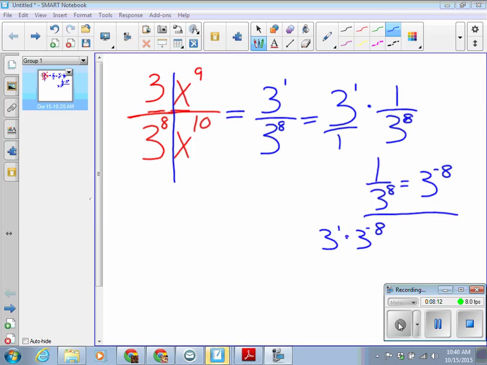And now I'm just multiplying. And we know when we multiply, we add straight across our exponents. So I have 3 to the first plus. I'm going to write that better so you can see it, because my handwriting is pretty sloppy on a smartboard.